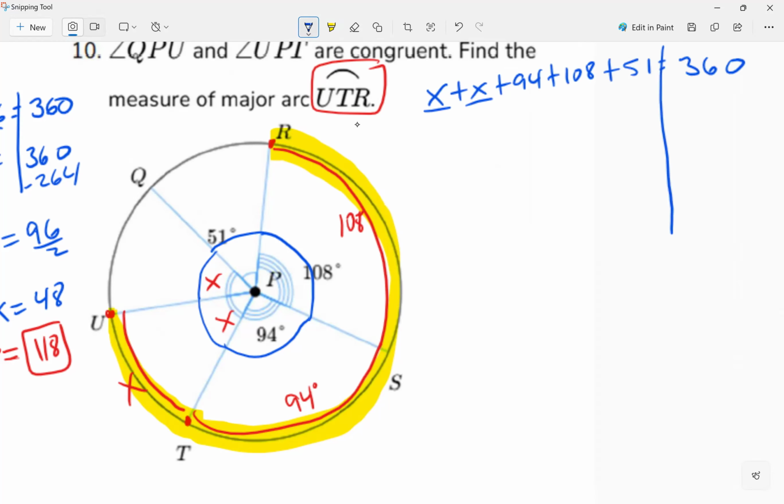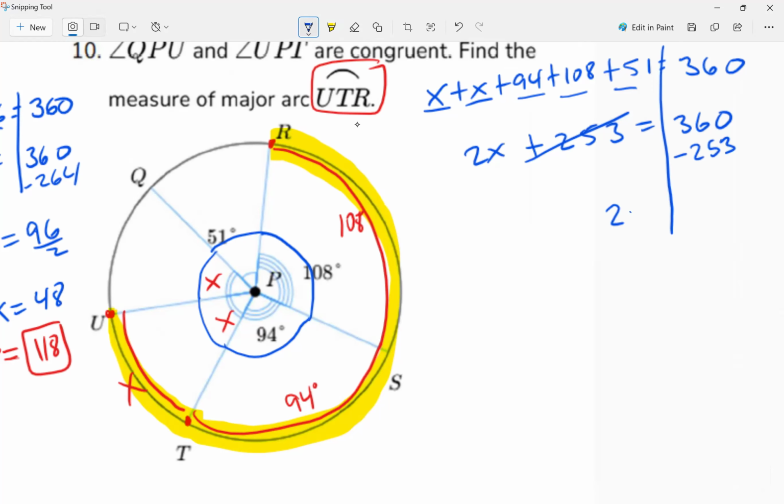Letter-wise, 1x plus 1x, that is 2x. Number-wise, 94 plus 108 plus 51, that is 253. So let me write plus 253, and all of this is equal to 360. Again, I want to get rid of this 253. I'm going to move it to the other side, but I have to switch the sign. Instead of plus, let me write this as minus 253.